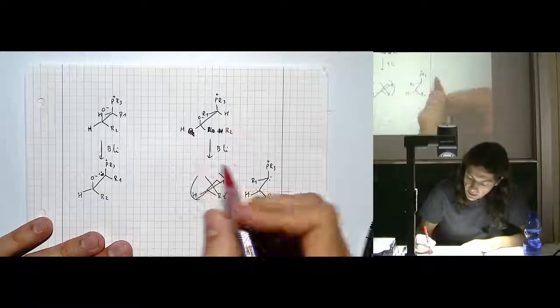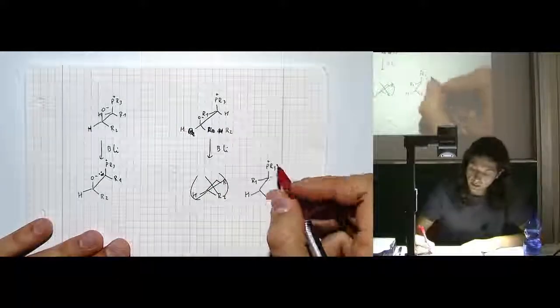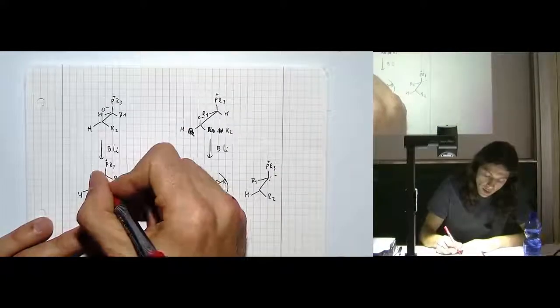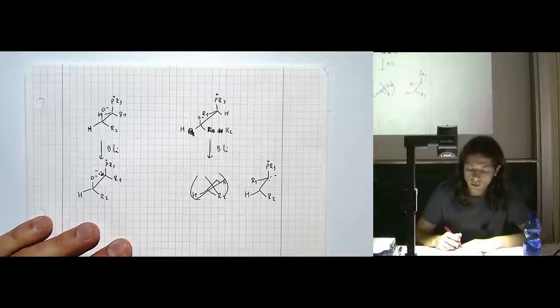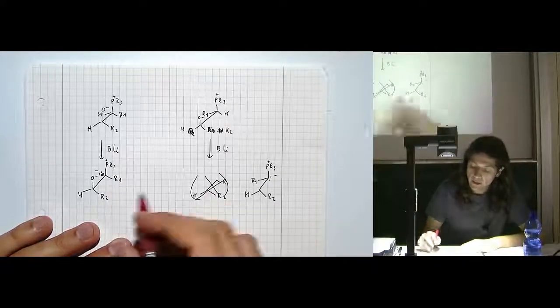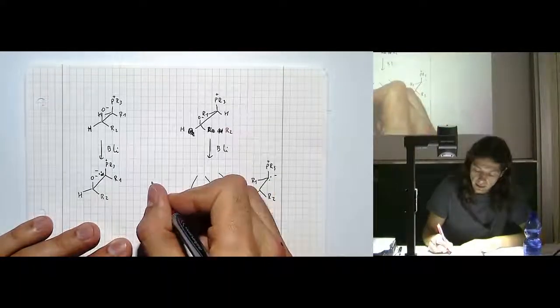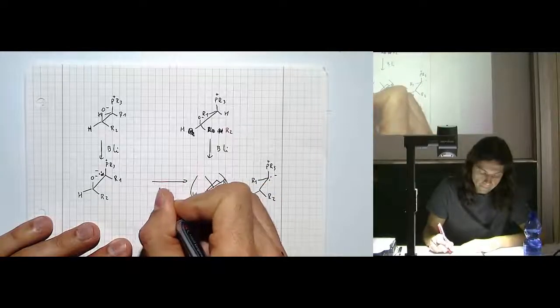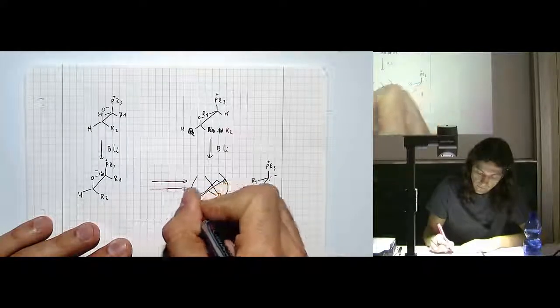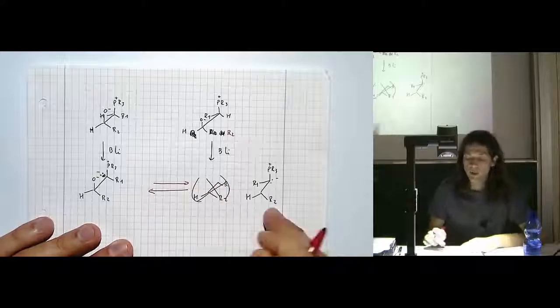Okay, this is the species. These two dots represent, of course, the minus charge after the deprotonation with the base. And these two species now are in equilibrium.